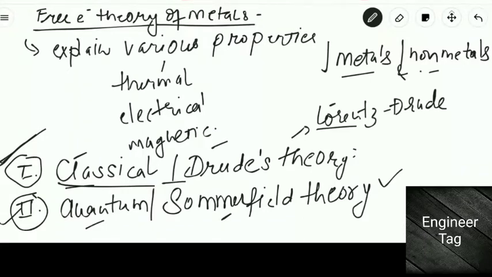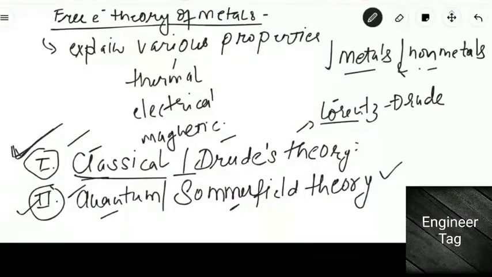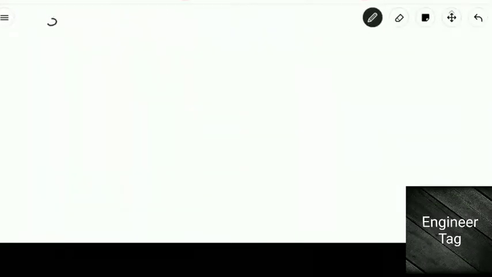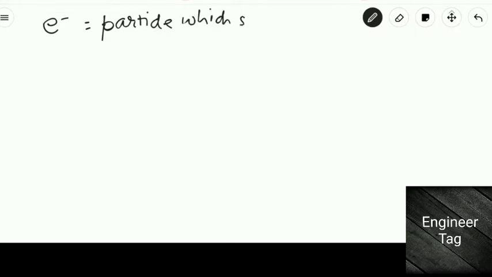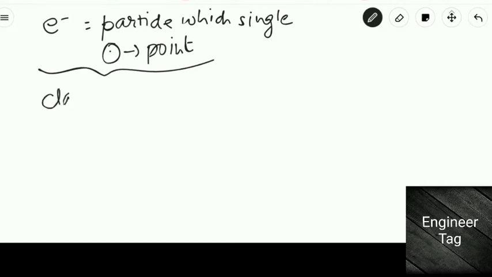Okay. So first, what are classical and quantum? Till now you have studied that electron behaves as a single particle, which you represent as a dot, or as a point. This is according to your classical model.